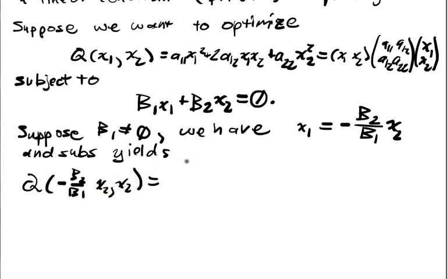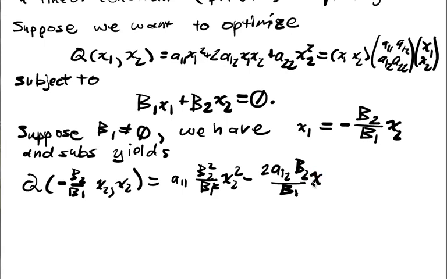We just plug it all in, and we'll get a11 b2 squared over b1 squared x2 squared minus 2a12 b2 over b1 x2 squared plus a22 x2 squared.